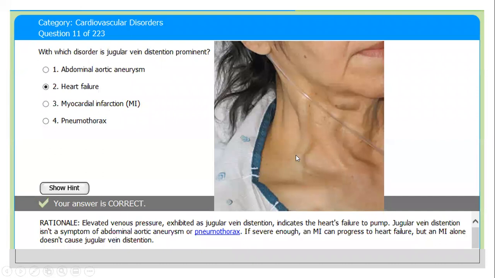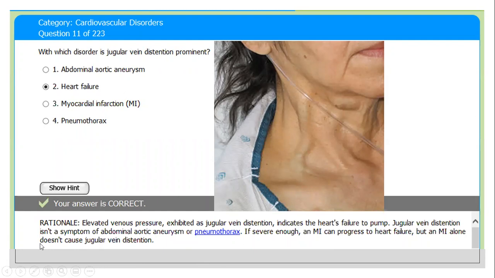So this is the vein we call the jugular vein. When the heart fails, jugular venous pressure will go up, right? So this elevated venous pressure exhibits as a distended jugular vein. This is the vein. It indicates the heart fails to pump.